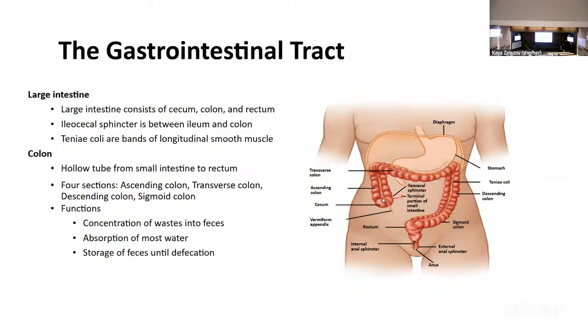Okay, so our large intestine has cecum, then colon, which has 4 parts, ascending, transverse, descending, and sigmoid, and the rectum, and then the anus. Okay. And we'll walk through the different parts.